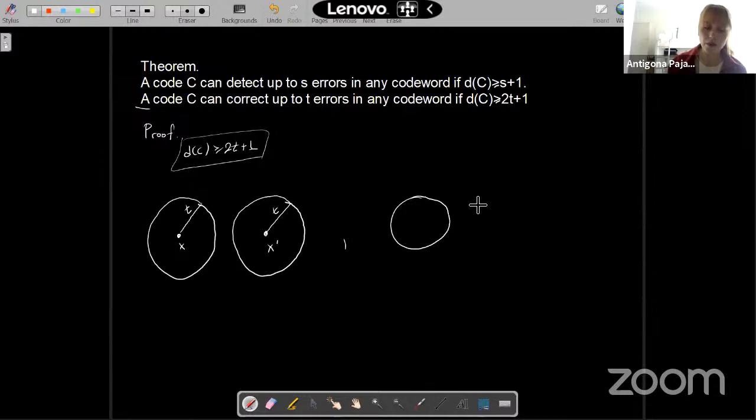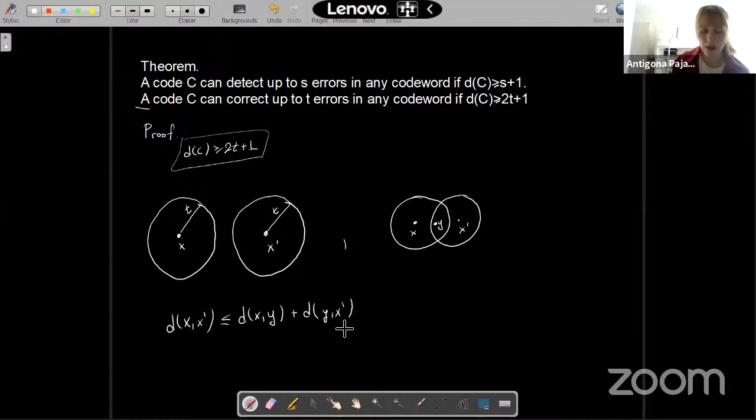So what happens if they overlap? If they overlap, they will have a place of intersection. So this is the center x and this is the center x prime. And suppose that the received vector is y here. Now, when we check the distance between these two code words, we can use the triangle inequality, the third condition, and say that this is less than or equal to the distance between x and y plus the distance between y and x prime.